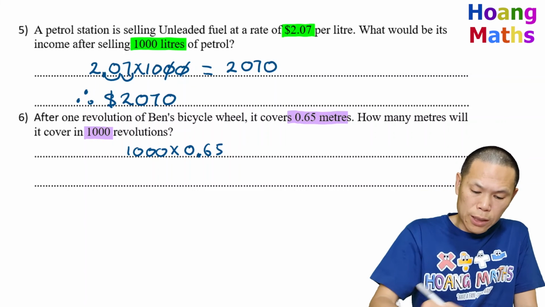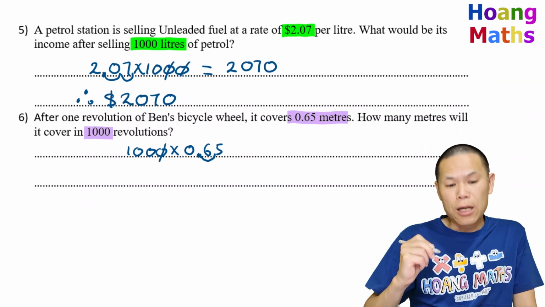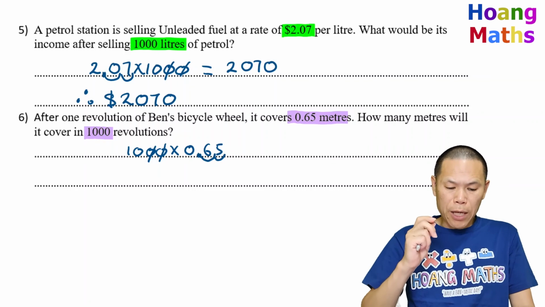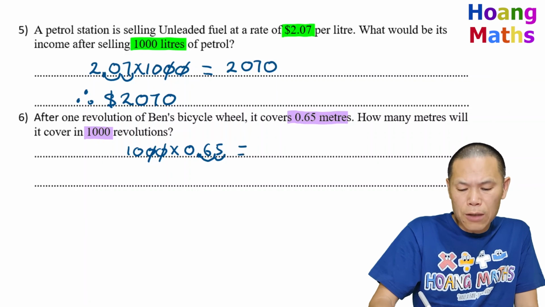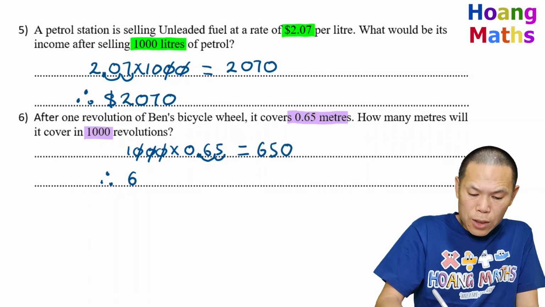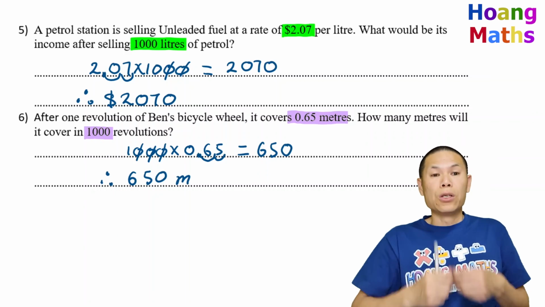So to work this out, we cancel this 0 by moving this decimal point to the right 1 unit first, and then we move 1 more time, we cancel. So that becomes 10 times 65. So 10 times 65, we just write 65, and this 0, we just write this down. So now we go, therefore, 650 meters. So there you go.